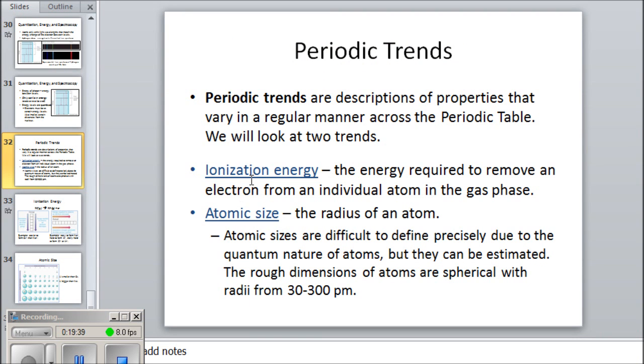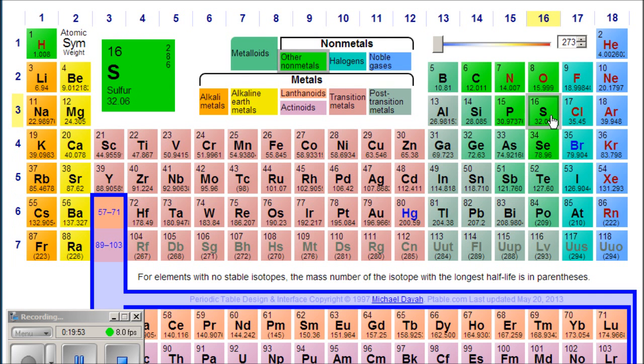One is ionization energy. Ionization energy is the amount of energy that's required to kick an electron completely out of the atomic system. So if you had like a gas particle of sulfur, and I don't know how you get sulfur in the gas phase, and frankly I'm scared to think about it. It's probably not a good place to be if that's the case.